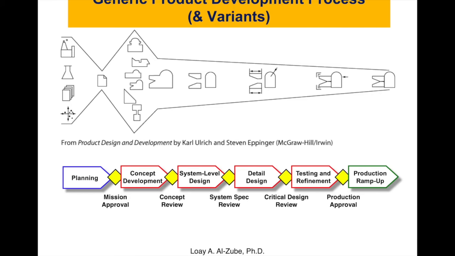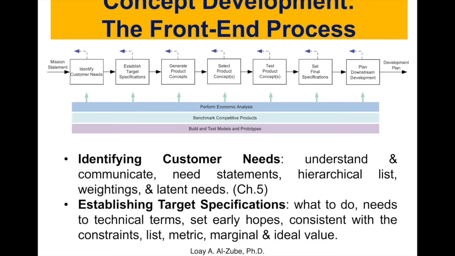So let's assume that we did our research and our surveys, and we have some data from end users and target customers. Within the concept development phase, which is the second phase, we have these stages, which we call the front end process. We start after we have our mission statement. All of the boxes that you see in the schematic at the top of this slide are part of the concept development phase.